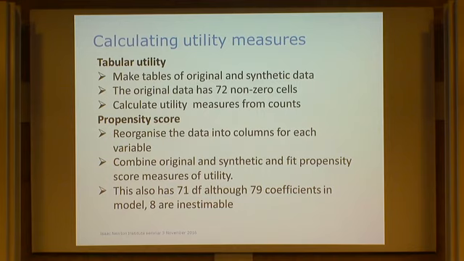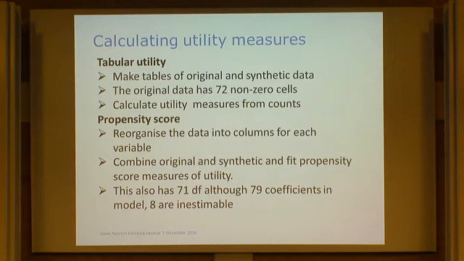In fact, we've already got one of them from the Voas and Williamson formula, but we've got the other deviance one as well. When we fit the propensity score model, we know it should have 71 degrees of freedom. There are 79 coefficients, but 8 of them are inestimable. So that all makes sense.